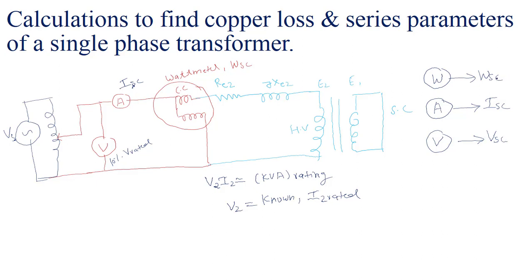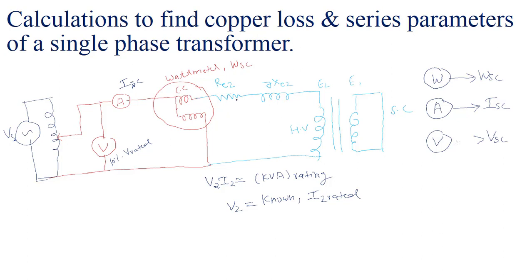Now we know the readings of the wattmeter, ammeter and voltmeter. Now we have to find the copper losses and one more thing, the series parameters. So how can we find them? See, in this diagram there is only one resistance in which active power is consumed, no other resistance.